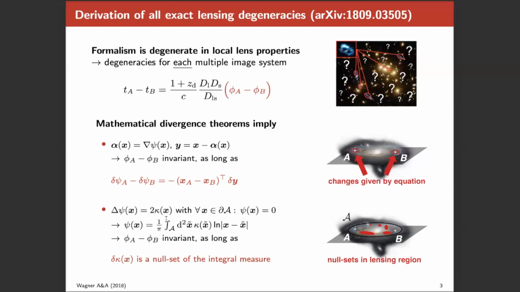Now, using all the mathematical tools that we have to solve this equation under certain boundary conditions, we find that we can perturb the mass density distribution, and we can do this in a really broad way because all perturbations are allowed which just keep the deflection angle at the multiple image positions equal to 0. This is the most general class of invariance transforms that we can apply to the single plane lensing theory here.